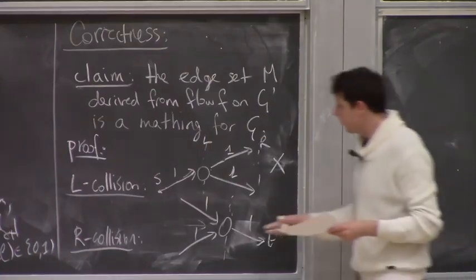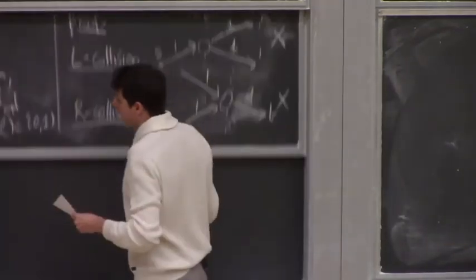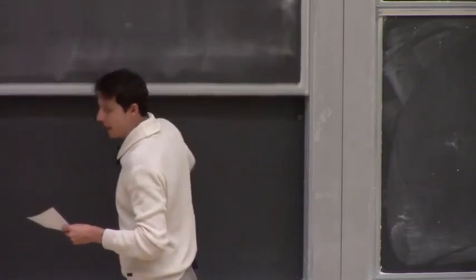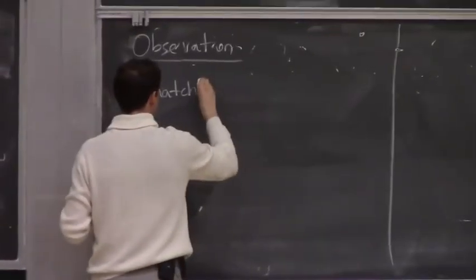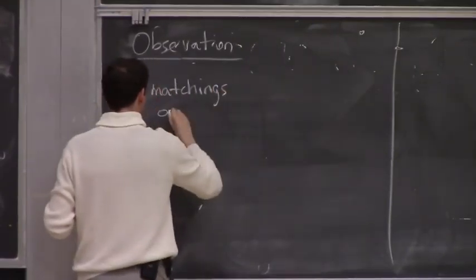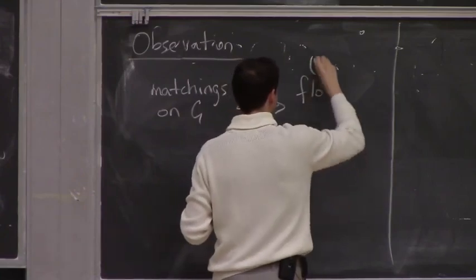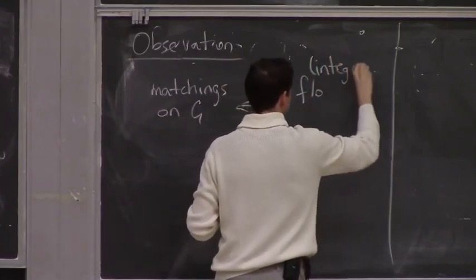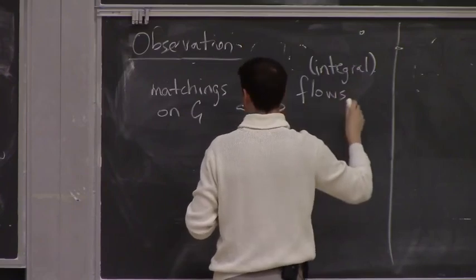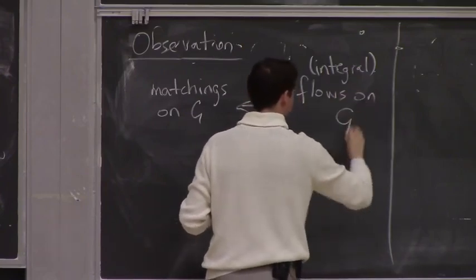So, again, talking about correctness of the algorithm, what we learn is an observation that we have a correspondence between matchings on G and integral flows on G prime.